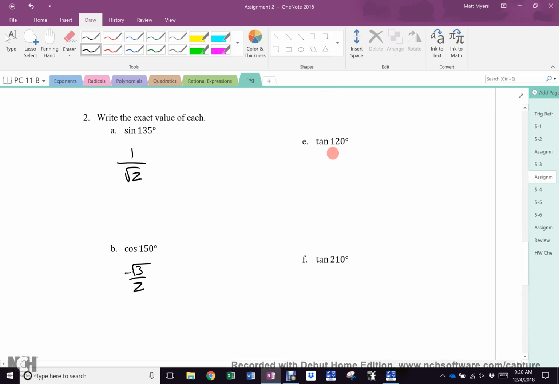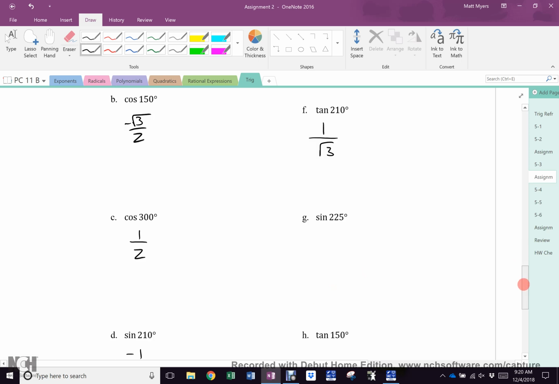This is a 60, so it's negative root 3. 210 is a 30, so it's 1 over root 3. But negative 1 over root 3. Is it? Yeah, because it's negative. Because they're both negative. Good.